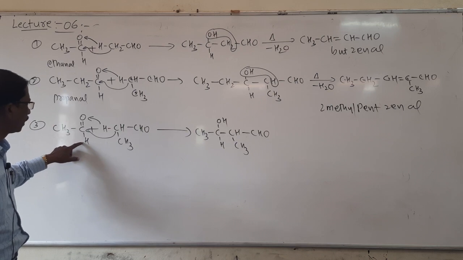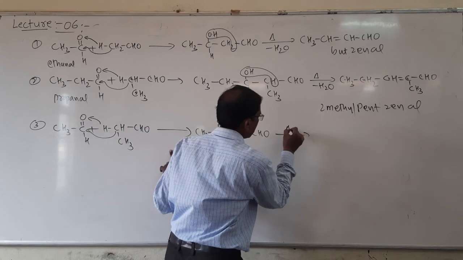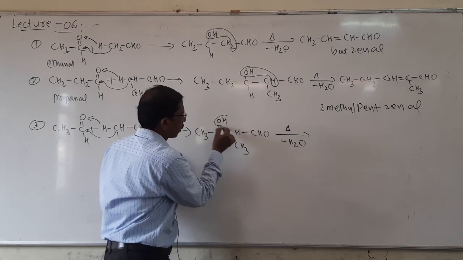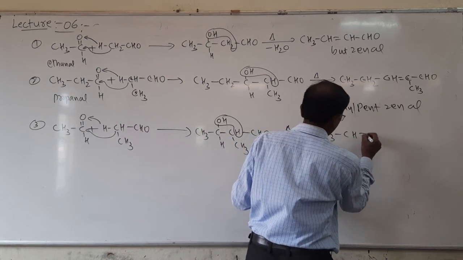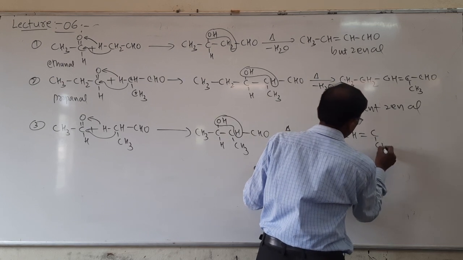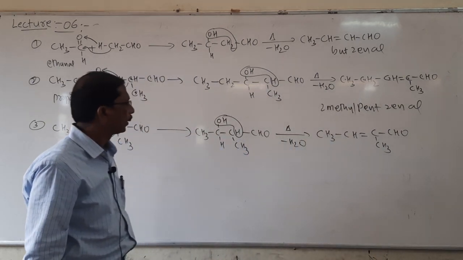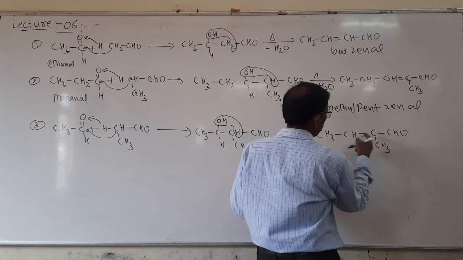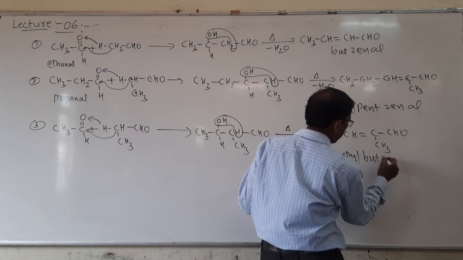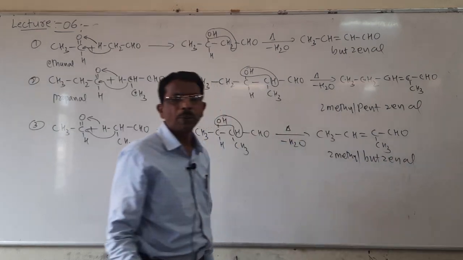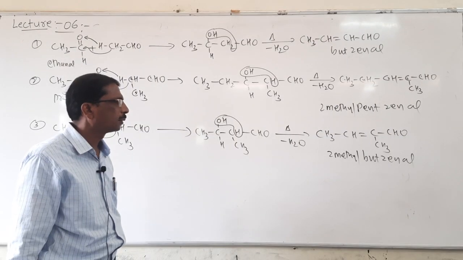Look here, when it is heated, it loses a water molecule. The water molecule is removed, and then it forms CH3, CH double bond C, CH3, CHO. Here it is 1, 2, 3, 4, that is 2-methylbut-2-enal. Is it right?